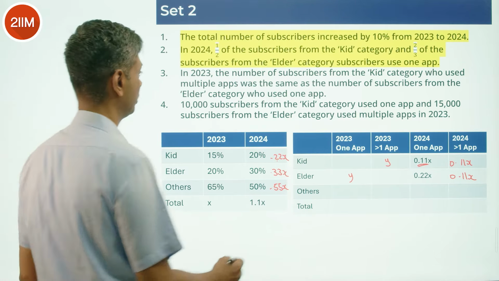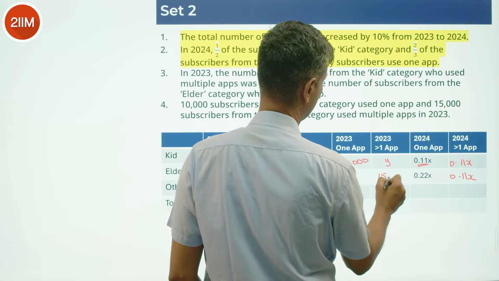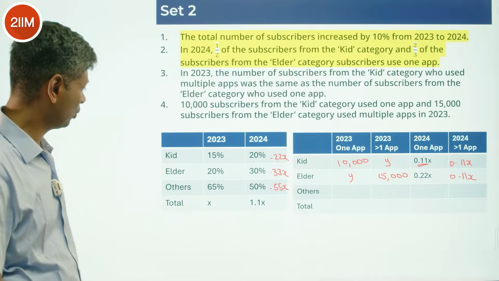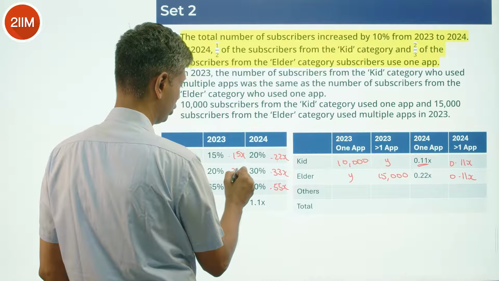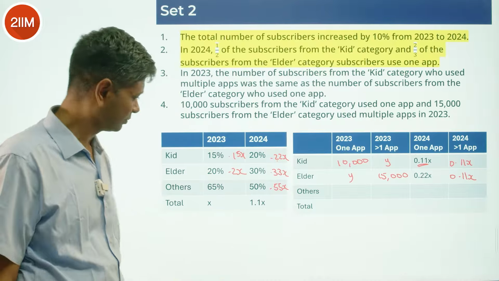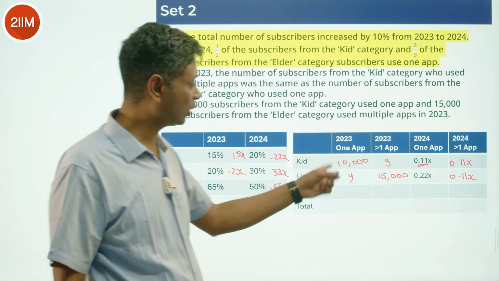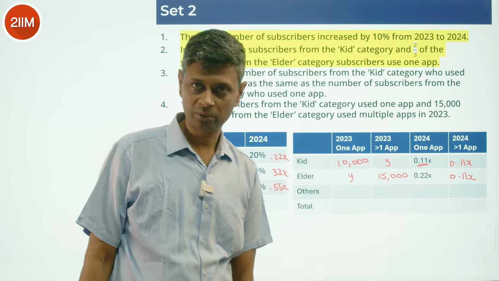So this is 10,000, this is 15,000. Nicely done. Now this is 0.15x, this is 0.2x. Total is x, 0.15x and 0.2x. 0.15x is 10,000 plus y. 0.2x is 15,000 plus y.